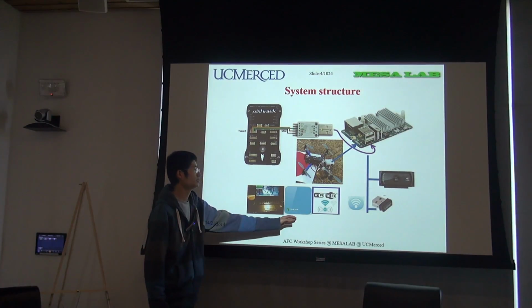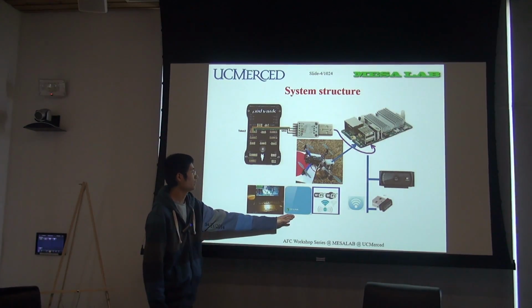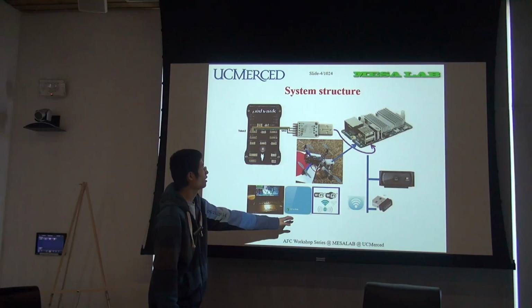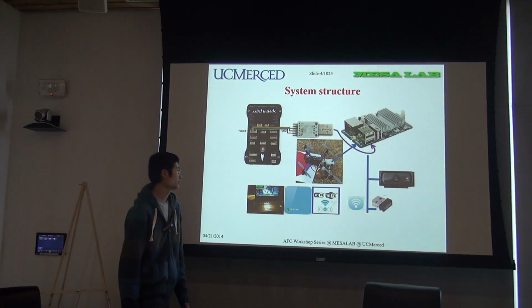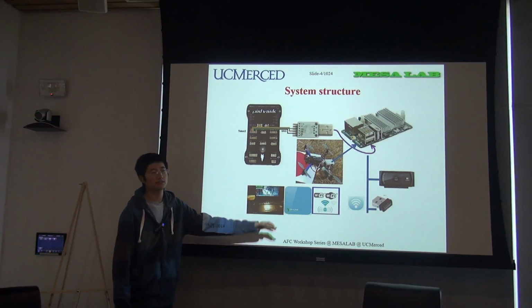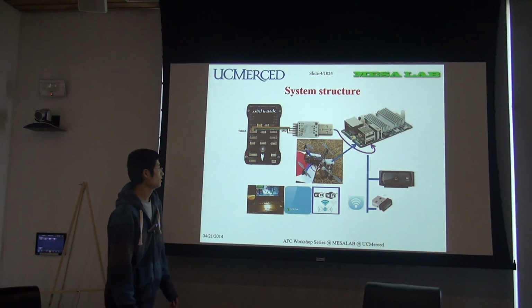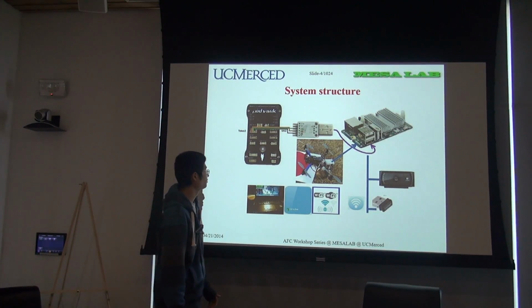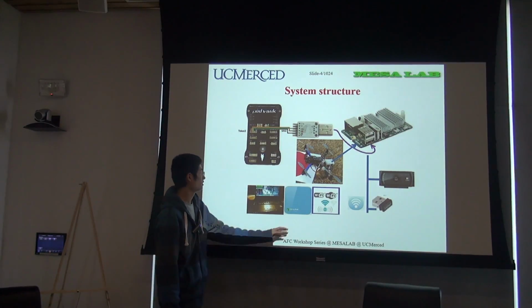We have established a Wi-Fi hotspot on the ground. In this way, we can use the ground station laptop computer to connect to the drone via traditional telemetry and the Wi-Fi.